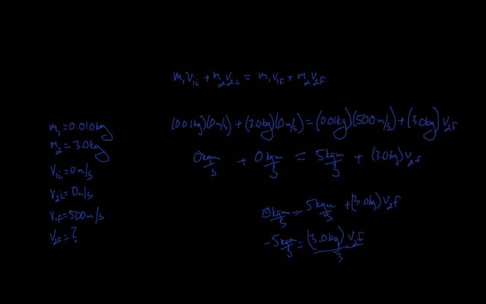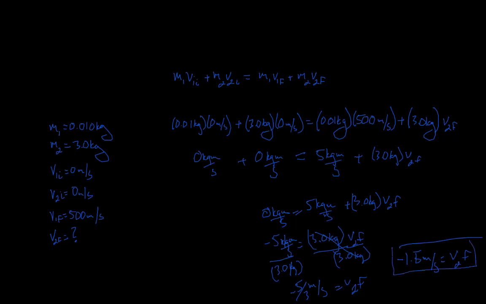Divide both sides by 3 kilograms, and we end up with negative 5/3. The kilograms cancel, and that leaves us with meters per second equals V2 final. So that's 1.6 repeating, so negative 1.6 repeating meters per second equals V2 final.